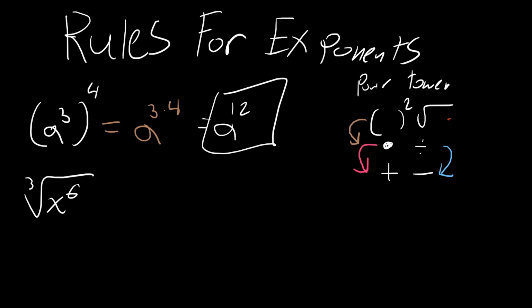So what I'm going to do is step down one layer, and I'm going to do the division sign that's below it. And so when I do this, I'm going to get the same base, x, to the power of, and I'm going to divide. This is a little strange looking. The power of the radical is what's in the denominator. So I'm going to put a 3 down here, and the power of the regular exponent is on top, x to the 6 thirds, which is going to be equal to x squared. That's your answer.